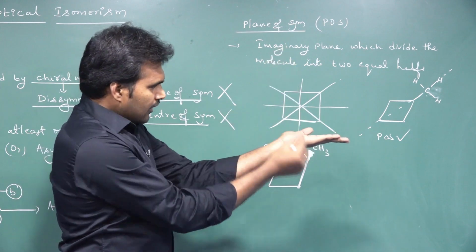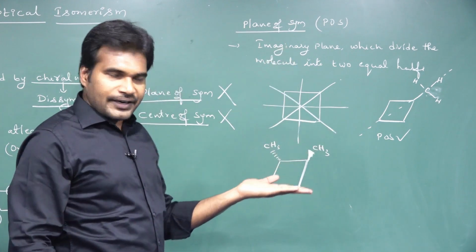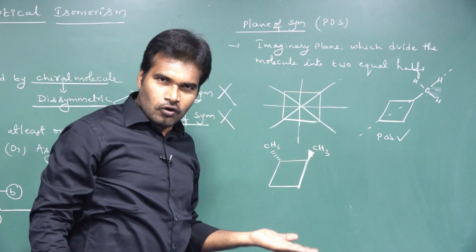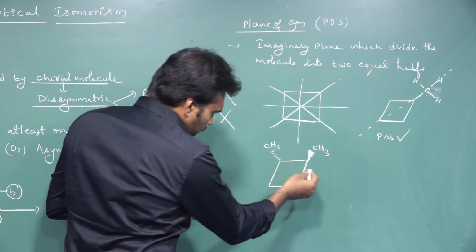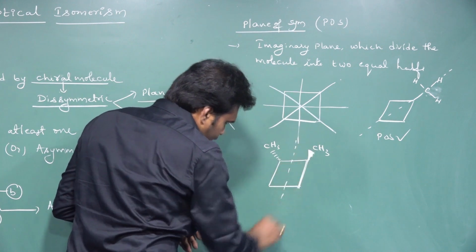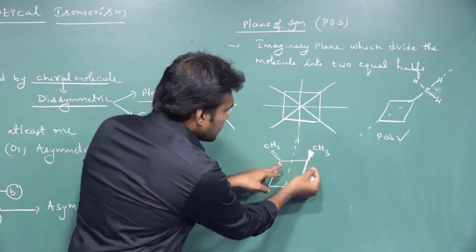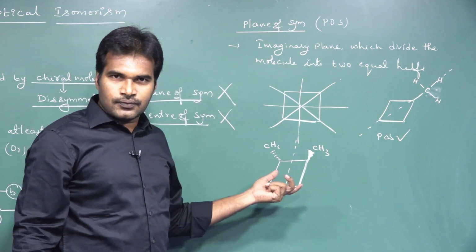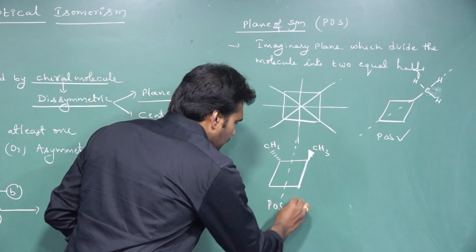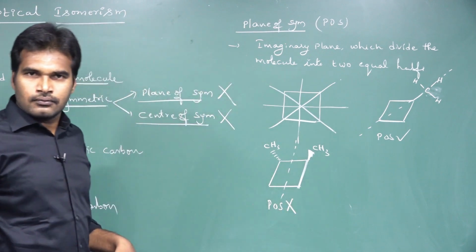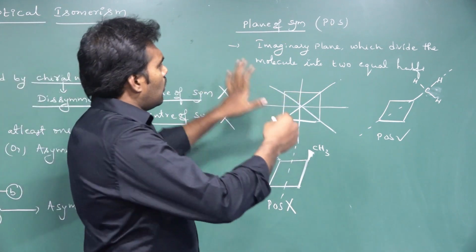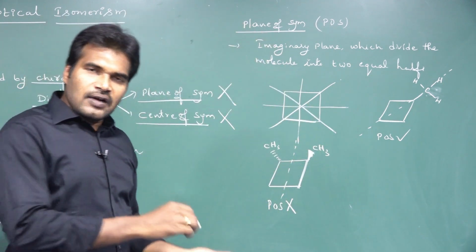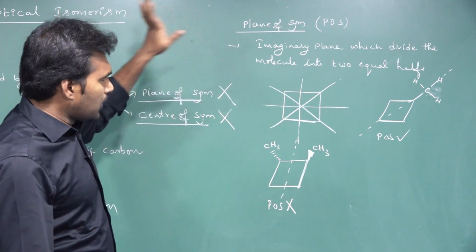One group is above, another one is below. If we cut this molecule in this axis, are we getting two equal halves? No. So no way. If we cut this molecule in this way, this is above and this is below. We are not getting two equal halves. So this compound is not having a plane of symmetry. Likewise, we can differentiate whether the given compounds have a plane of symmetry or not. So this is about the plane of symmetry.